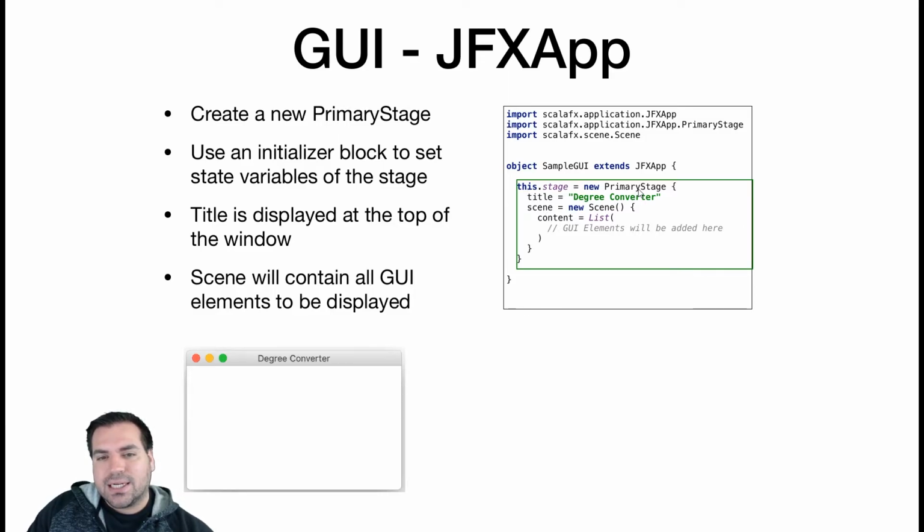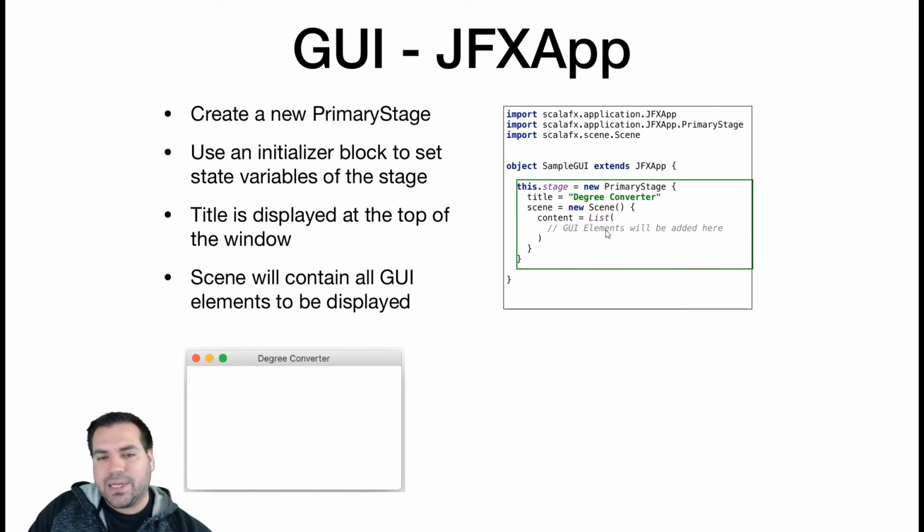PrimaryStage has a lot of instance variables in it, and for our purposes right now, we only want to set 2 of those. So inside the initializer block, we're just going to set 2 of those variables: the title, which is going to show up in the title bar of the window, and the scene, which is going to be all of the contents of that window, everything that goes in it.